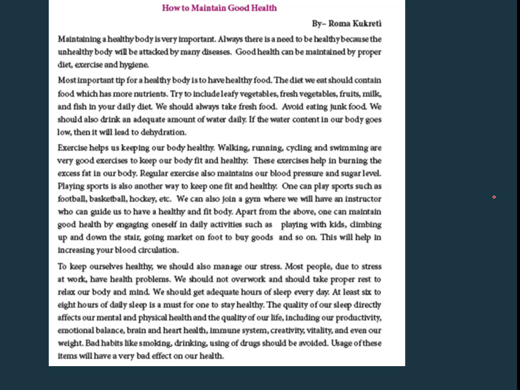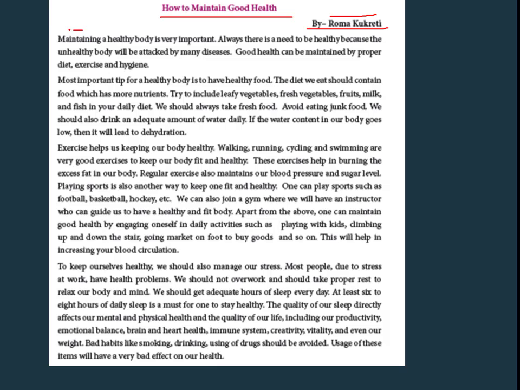So now I'm just going to present one article here, and I will show the components of the article. You can see this is the title or heading of the article, How to Maintain Good Health, and this is the byline, providing who has written it, Roma Kokoreti.